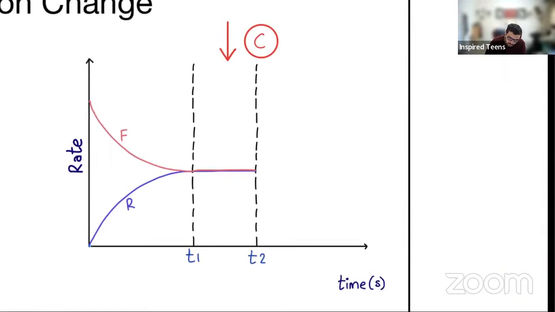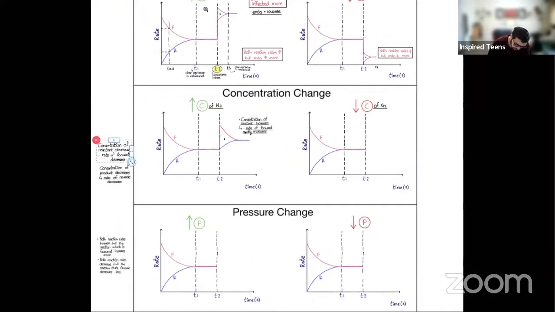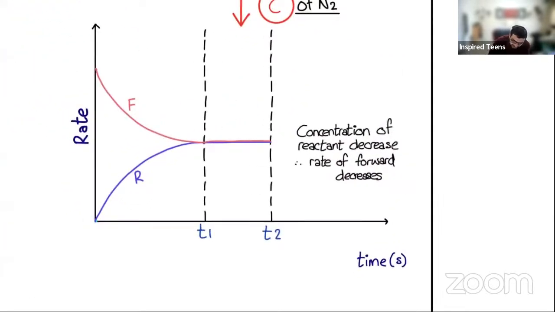The rate versus time graph when there's a concentration decrease. Again, this is a concentration decrease of N2, which is a reactant. So let's copy this here. This says the concentration of the reactant decreases, therefore the rate of the forward decreases. That's how it's affected.